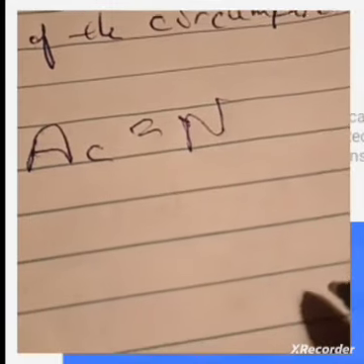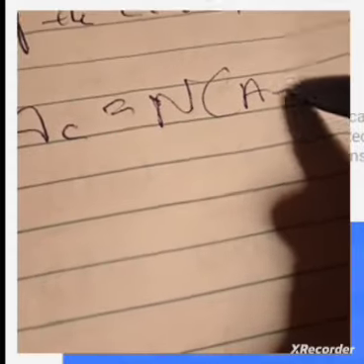So we have area of the circle equals n triangles times the area of each triangle.